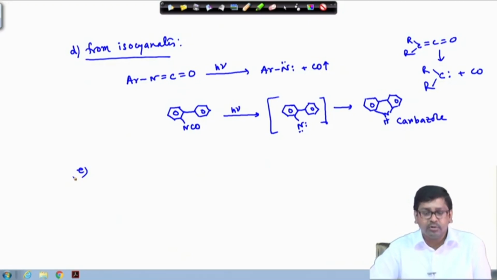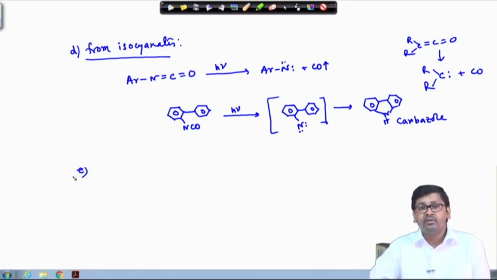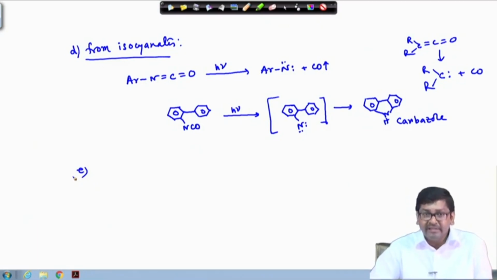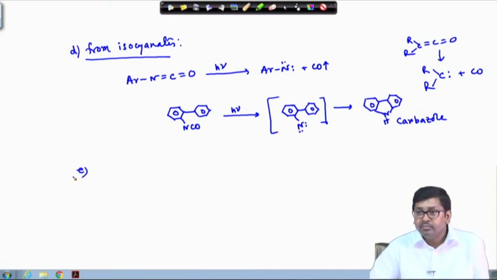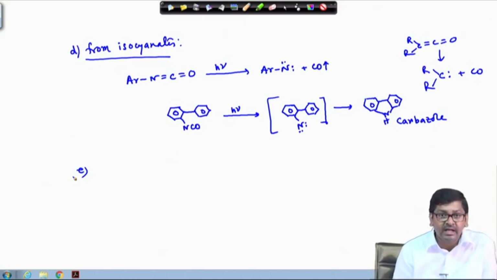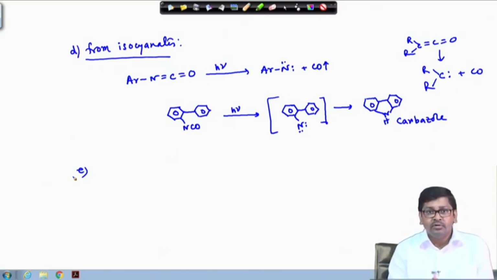So, there are some potential limitations for these azides. So, various techniques to generate nitrenes have evolved because of these various problems with the azide compounds and their fast decomposition.